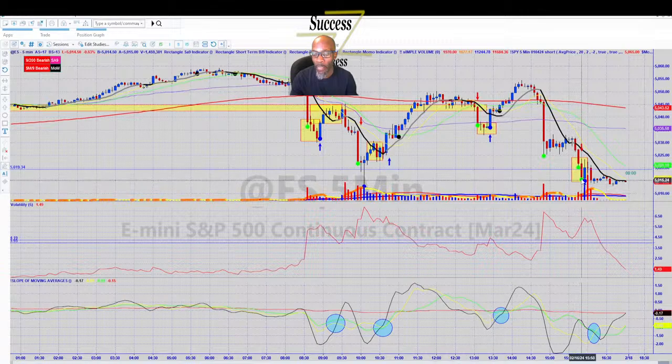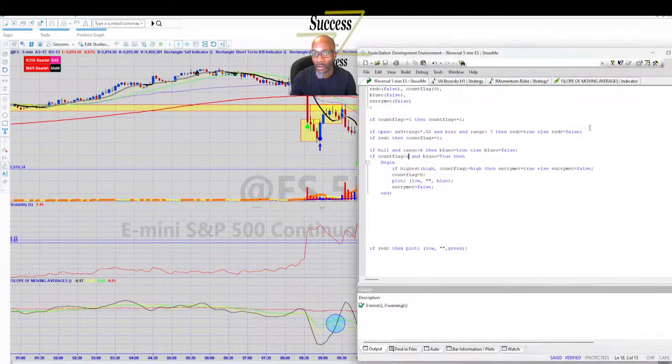Yeah. I think what happened was that the flag never got reset. Wait a minute. There's a couple things here. So if the red C is equal to, we don't want to start count flag at adding 1 to it.